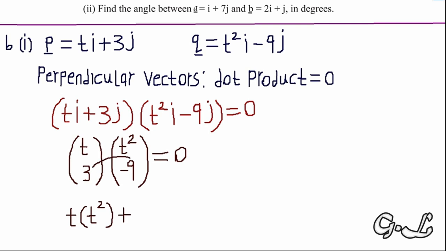Some could ask, where is the plus coming from? That is simply addition, because we are getting those which correspond to each other. After you have finished with the ones which correspond to each other, you need to add. So we have 3 open brackets negative 9 is equal to 0.